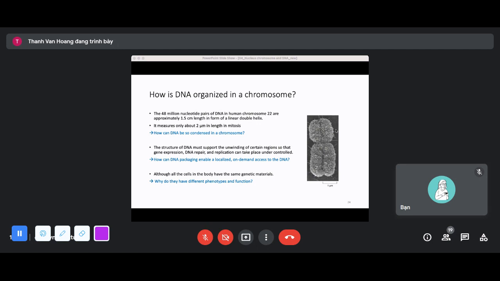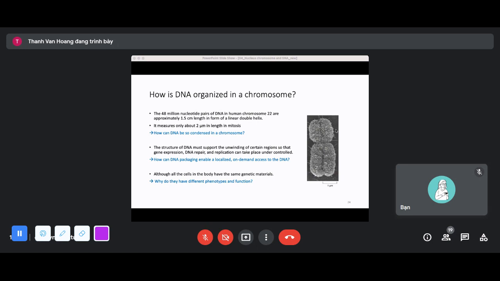So even though this DNA is less dense, it also has to unwind at certain time points. For example, when the DNA replication origin fires, right? At this time, the DNA polymerase has to be able to bind to the DNA replication origin to start the DNA synthesis.